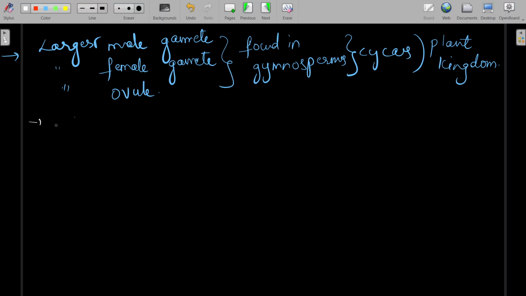Let's see the differences between cycas and pinus. First of all, let's take the wood.